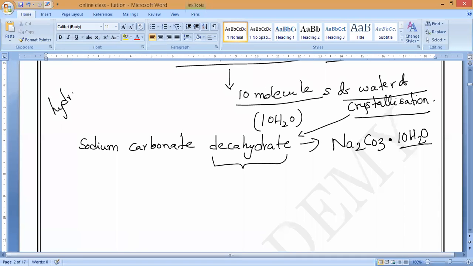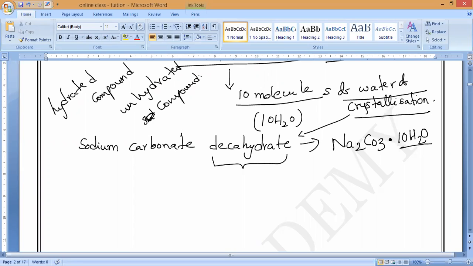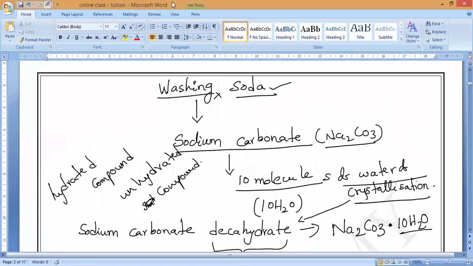If no water is present, then we call it an unhydrated substance, or compound. So washing soda is simply sodium carbonate containing water of crystallization. That's all. That is called washing soda.